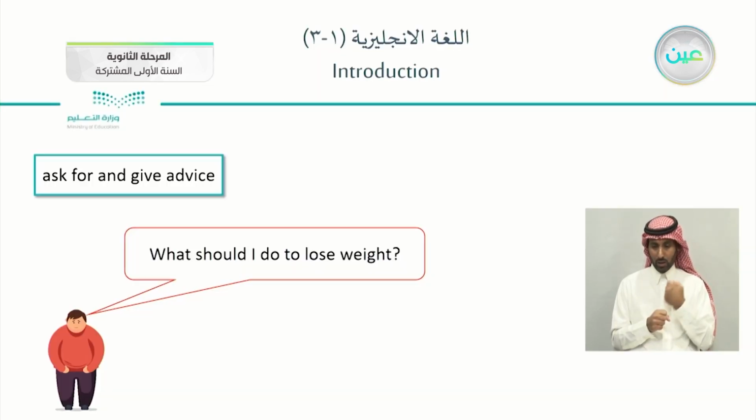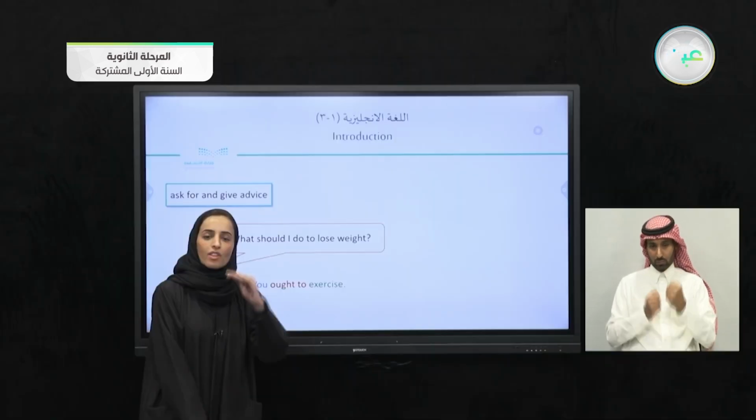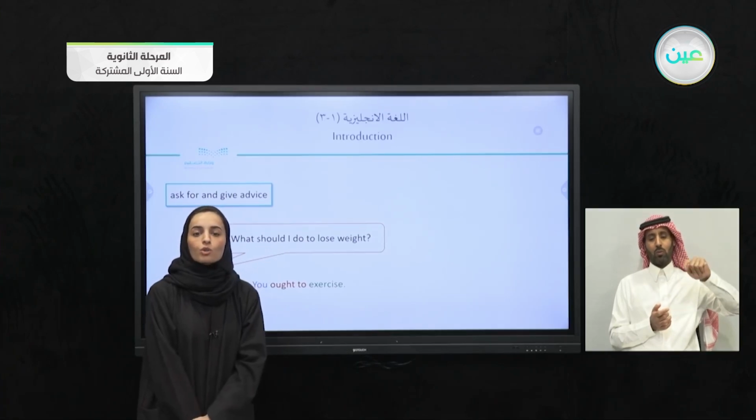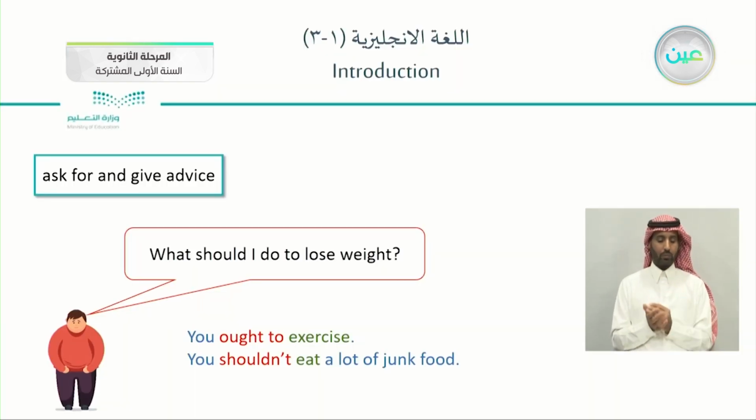What advice can we give this man? He is overweight and he wants to lose weight. I will tell him, you ought to exercise. It's stronger than should. Ought to. It's a very good idea. You ought to. Also, we can say that you shouldn't eat a lot of junk food. Should not. Avoid.